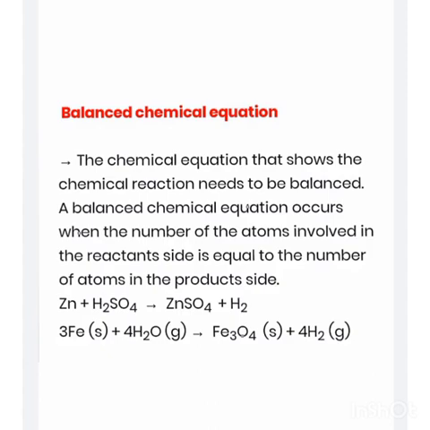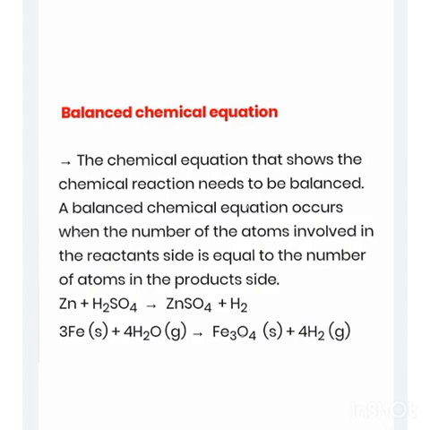What is a balanced chemical equation? The chemical equation that shows the chemical reaction needs to be balanced. A balanced chemical equation occurs when the number of atoms involved on the reactant side is equal to the number of atoms on the product side. For example, zinc reacts with sulfuric acid to give zinc sulfate and hydrogen on the product side. The number of atoms of zinc on the reactant side is 1, and on the product side it is also 1.